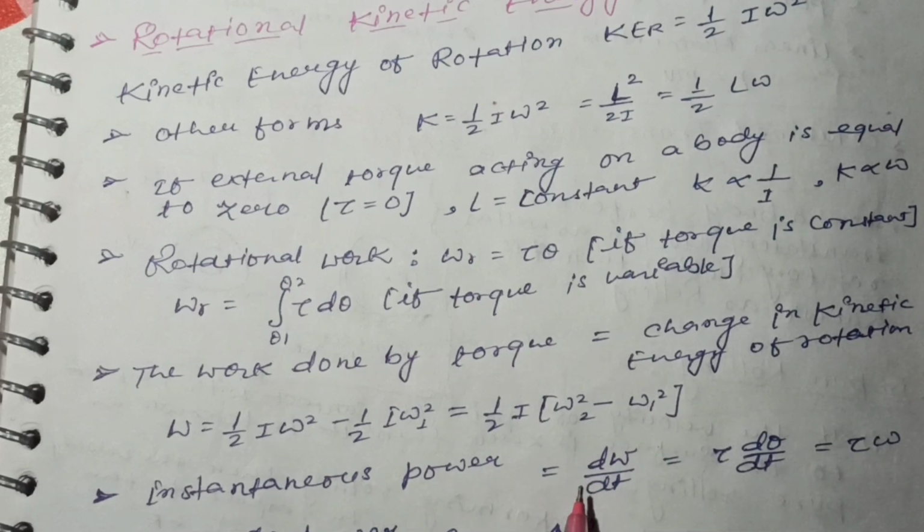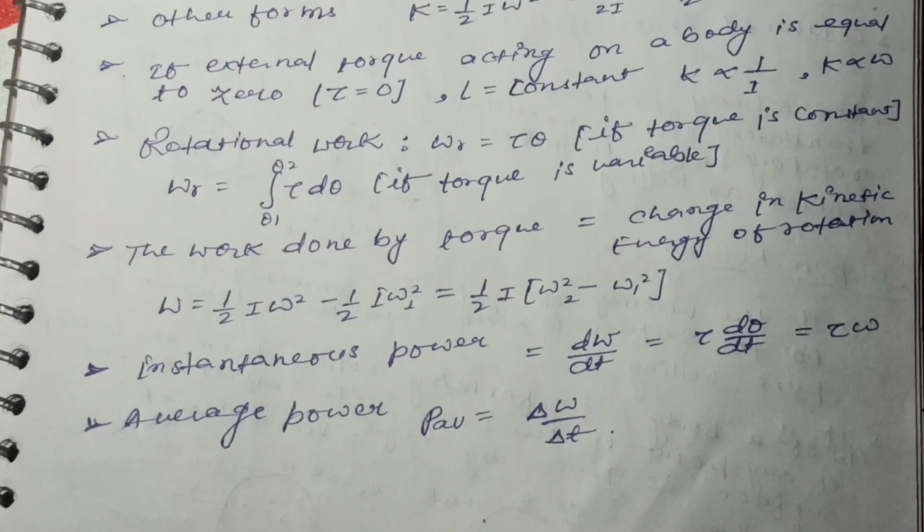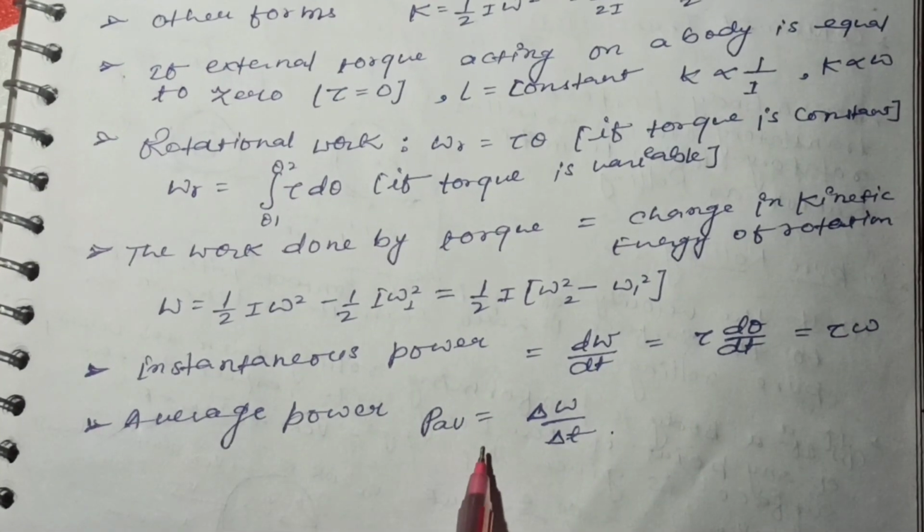Instantaneous power is equal to dW upon dt is equal to torque d theta upon dt, which is torque times omega. Average power: P average is equal to delta W upon delta T.